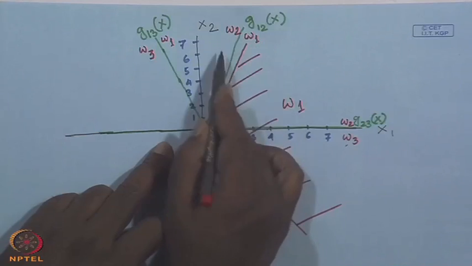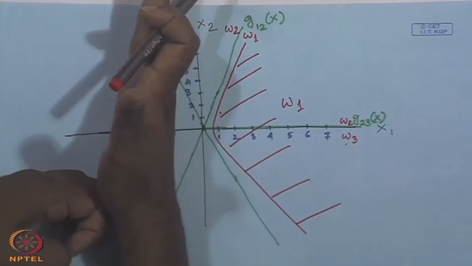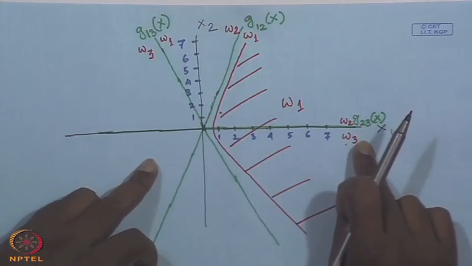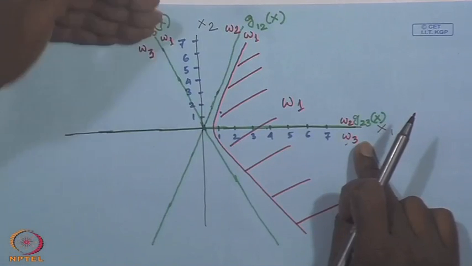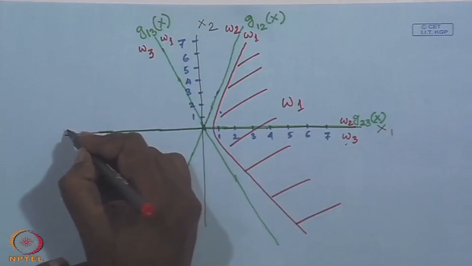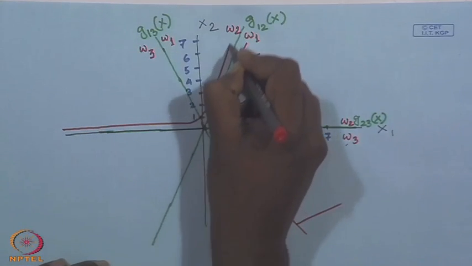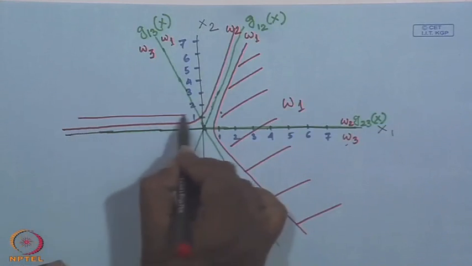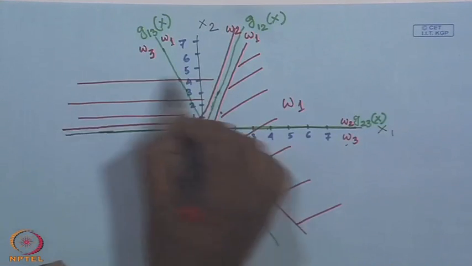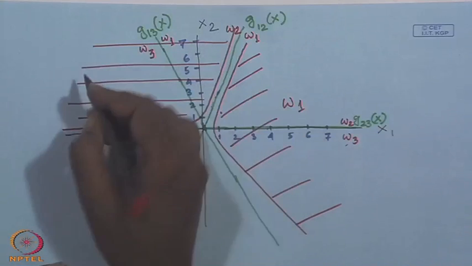So, G12(x) tells me that this half goes to omega 2 and G23(x) tells me that this half goes to omega 2. So, finally, the region which is allotted to omega 2 is nothing but this region. So, this is the region which goes to class omega 2.